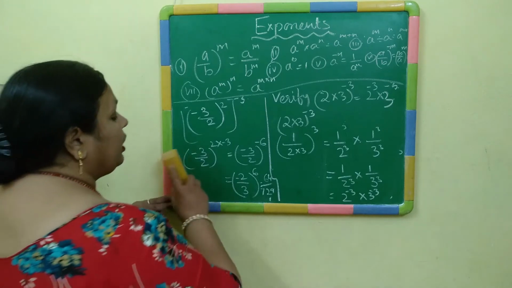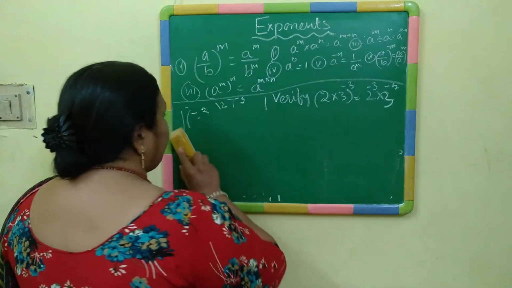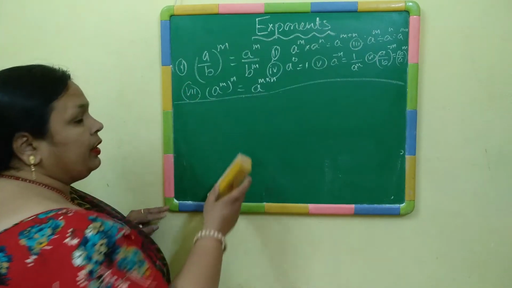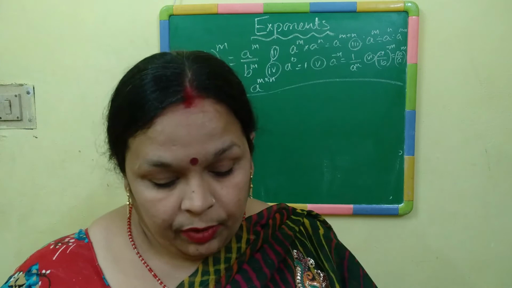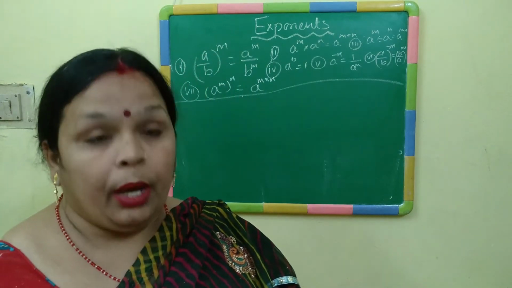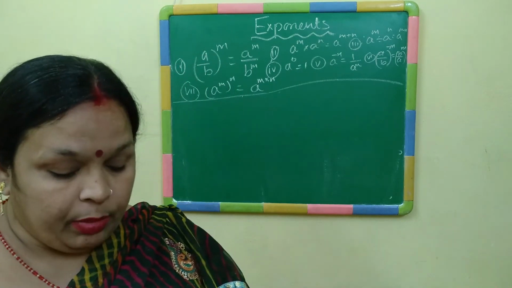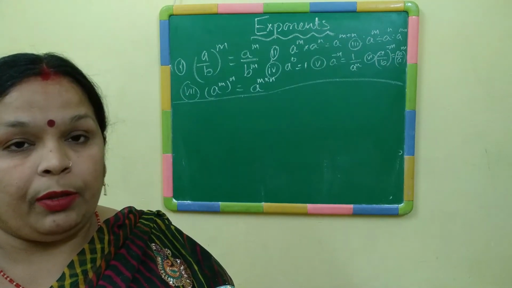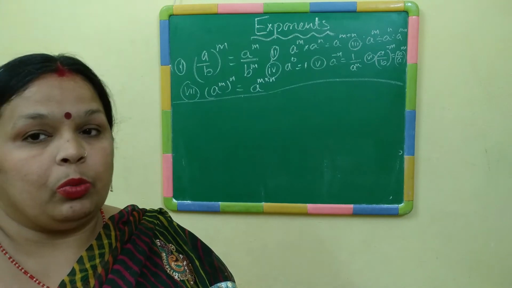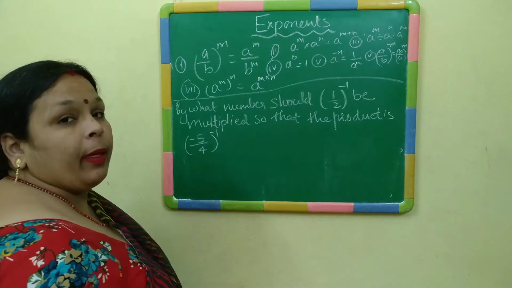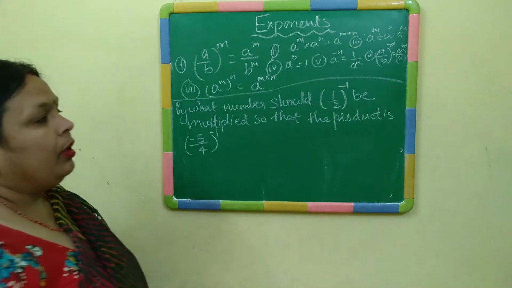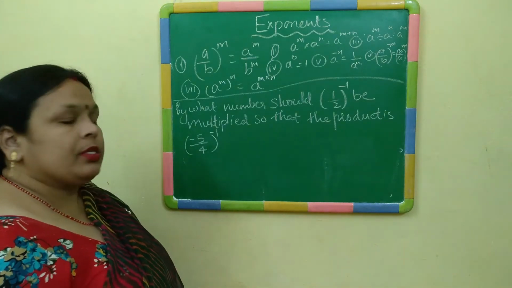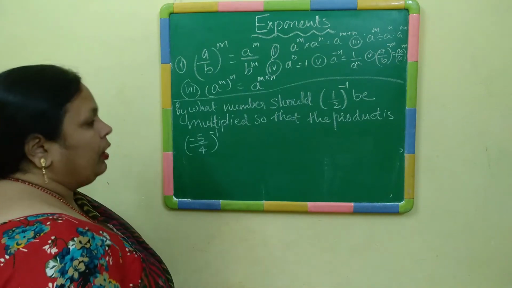Now we will be saying by which number a given number is to be multiplied so as to get the resultant. For that, we will be considering: by what number should (-1 by 2) power minus 1 be multiplied so that the product is (-5 by 4) power minus 1.